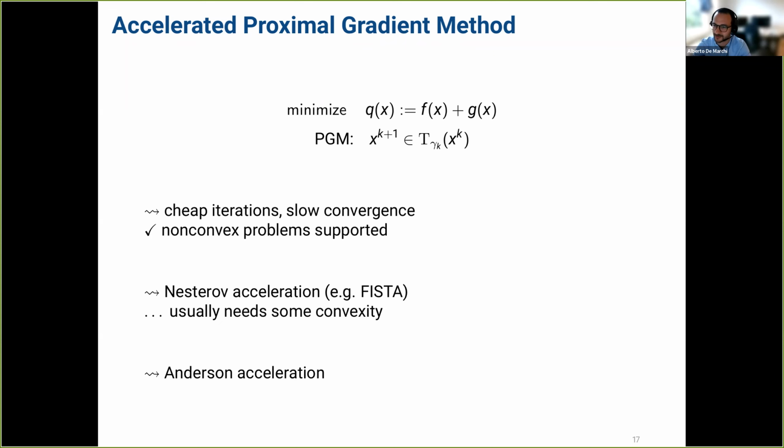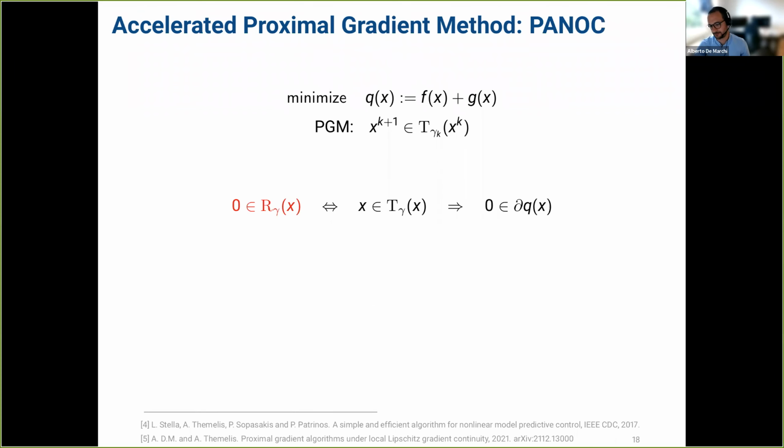A very different approach is called PANOC. It was introduced a few years ago, and this stems from the observation that the criticality condition, so x is a fixed point of this operator, can be seen also as a generalized equation. Here I write in red 0 belongs to this new mapping R, which is nothing but x minus T_gamma.